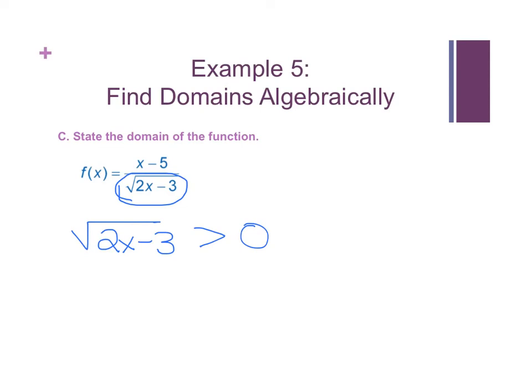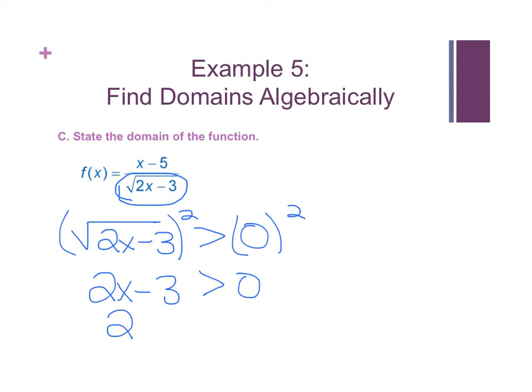So I'm going to go ahead and solve for x. I'm going to figure out what my domain is, because the domain is the set of x values that work for this function. I'm going to get rid of this square root right away by squaring both sides. That leaves me with 2x minus 3 is greater than 0. I'm going to add 3 to both sides, which leaves me with 2x is greater than 3.